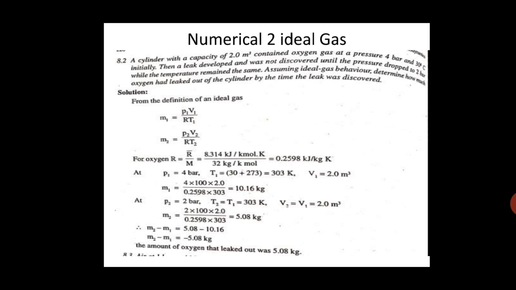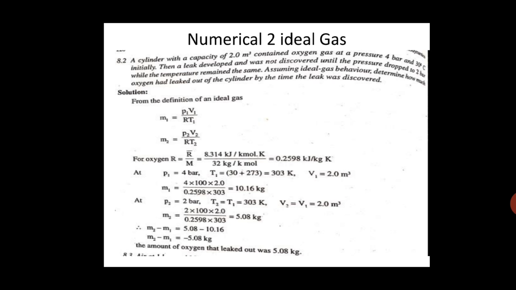P1 is 4 bar, that is 4 into 100, into V1 which is 2 meter cube, divided by R which is 0.2598, we have calculated just now, into T1 which is 303 Kelvin. So the initial mass M1 is 10.16 kg.